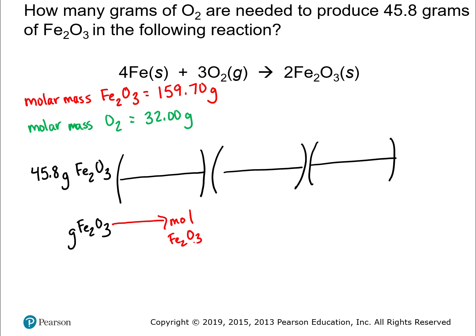If I want to cancel out grams, that means I need to put the molar mass in grams on the bottom. And 1 mole at the top. So that is my molar mass conversion factor.